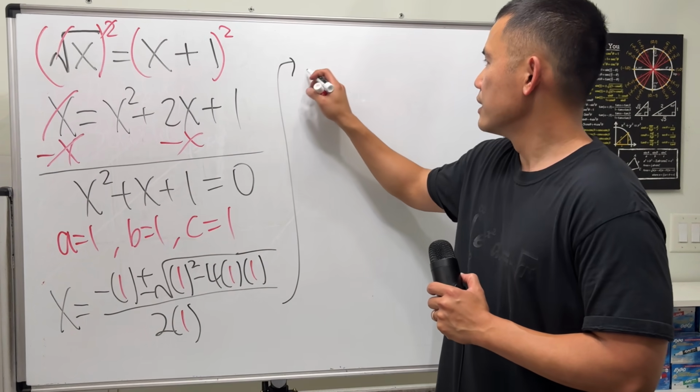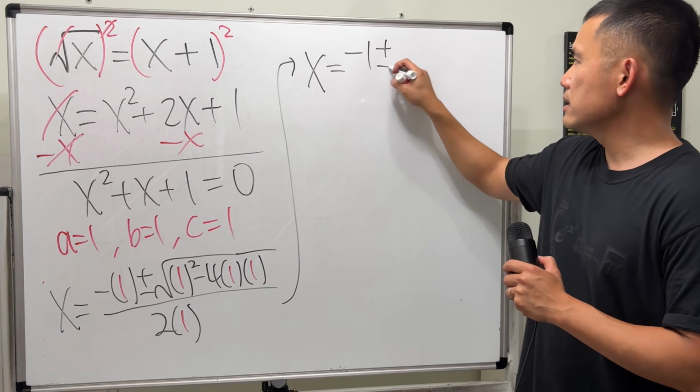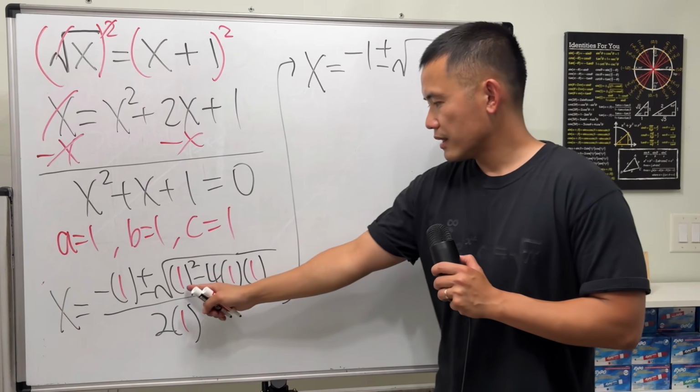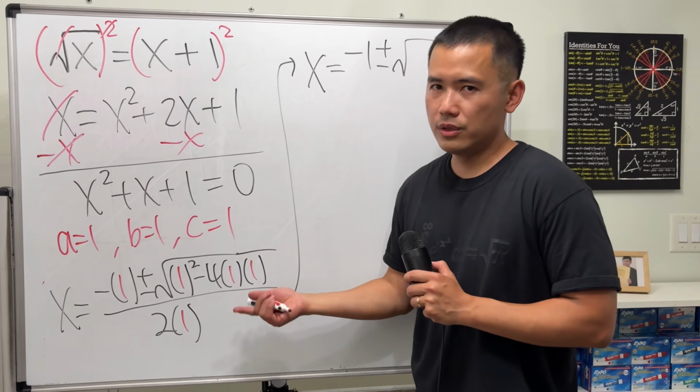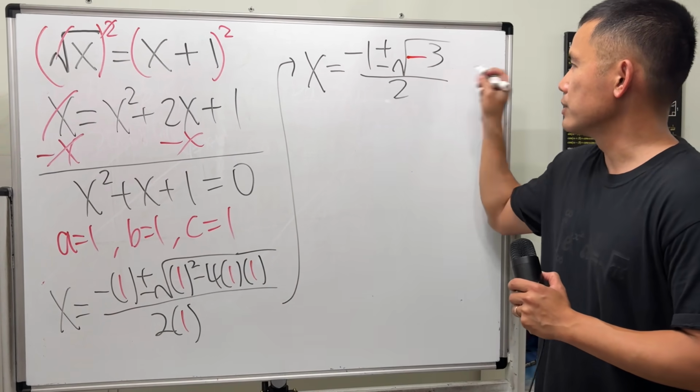Okay, so x is equal to negative 1, plus or minus square root of 1 minus 4, which is negative 3, over 2 times 1, which is 2.